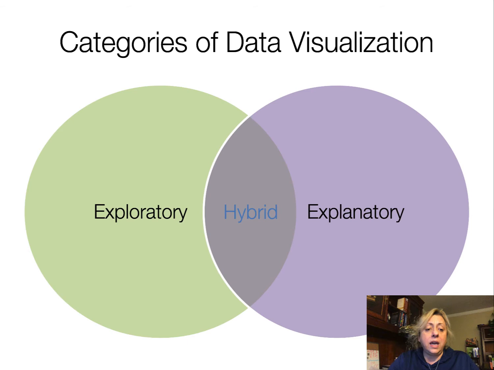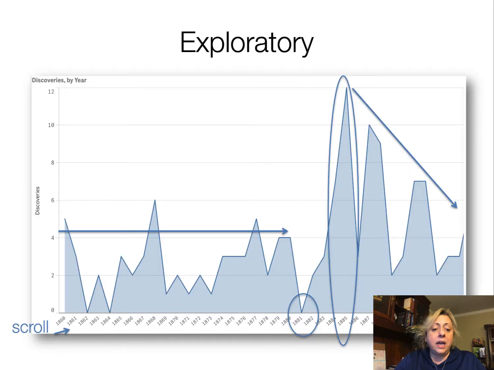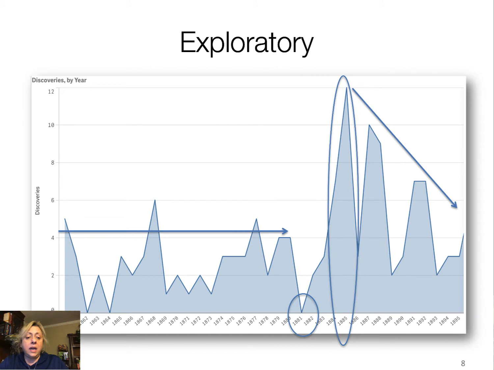What kind of categories of data visualization are there? You might find both explanatory and exploratory, and then you might find a mix between those, which we call the hybrid. So the exploratory, the intent of exploratory data visualization is this: imagine, as an analyst, you are trying to explore data and find something to tell.